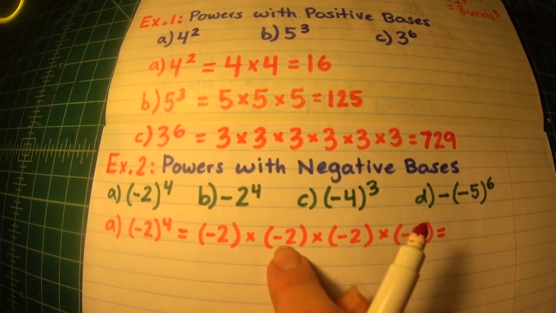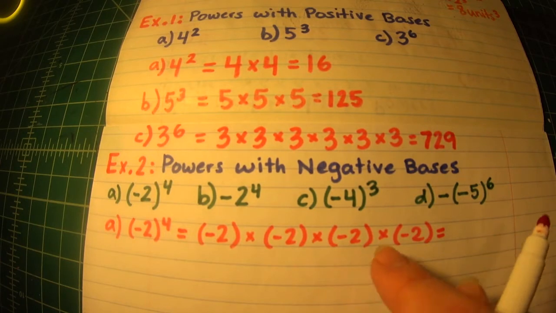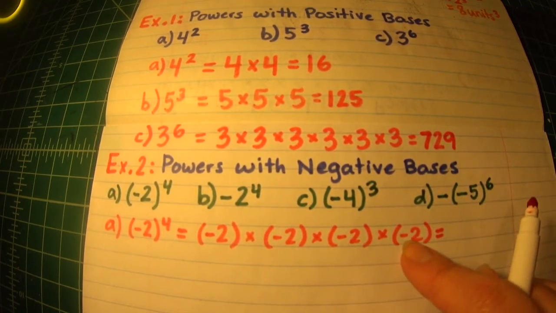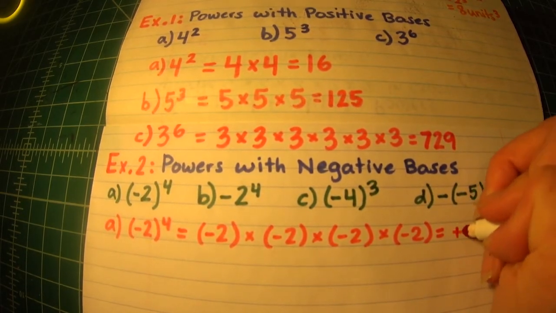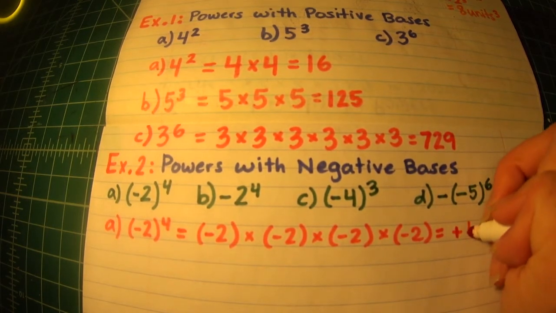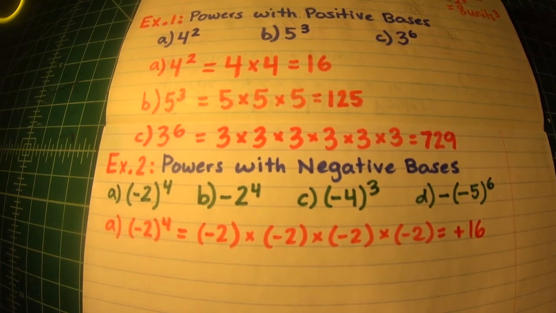Then we've got +4 times -2, mismatch, so it comes out to -8. And then finally, -8 times -2, we're back to a match, which gives us a positive. And then 8 times 2, 16. So our final answer is positive 16.